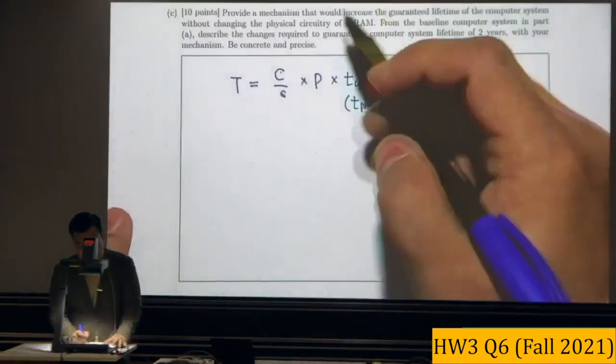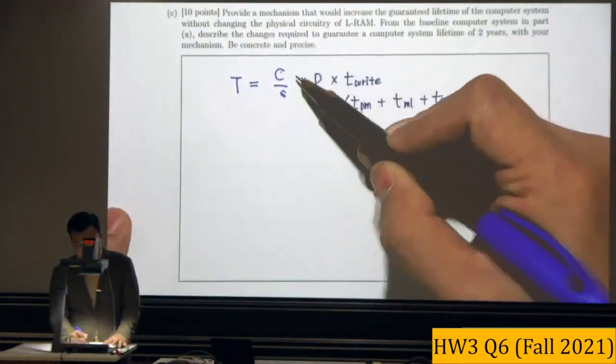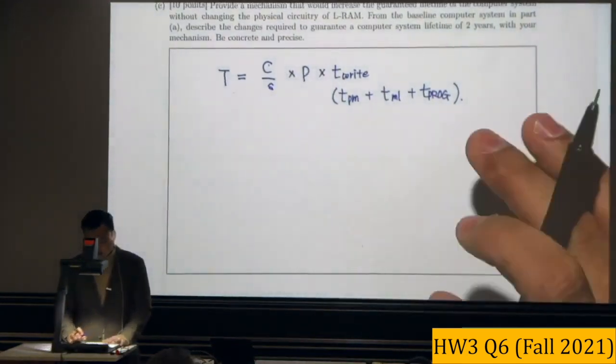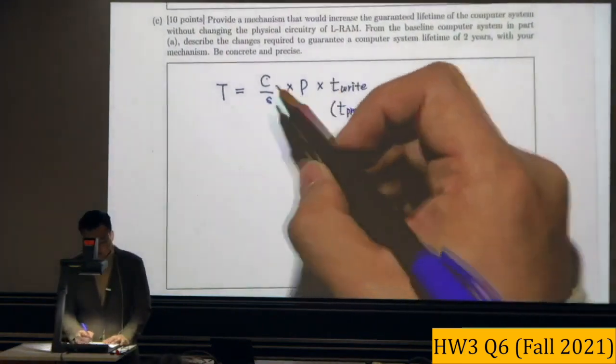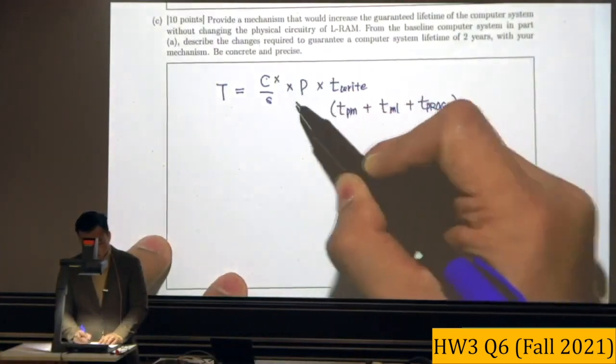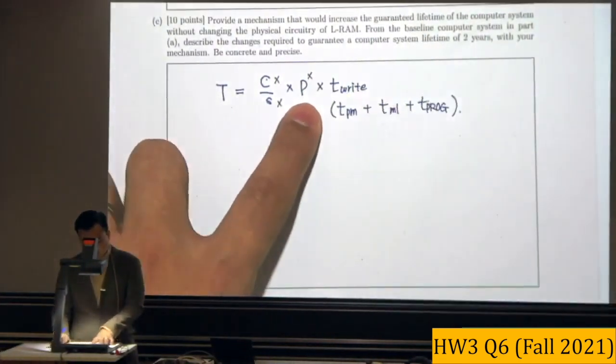But they also affect each other's value, so it is not quite straightforward. But the assumption is we cannot change any circuitry of LM, so we cannot change the capacity, the request size, and the program cycle.